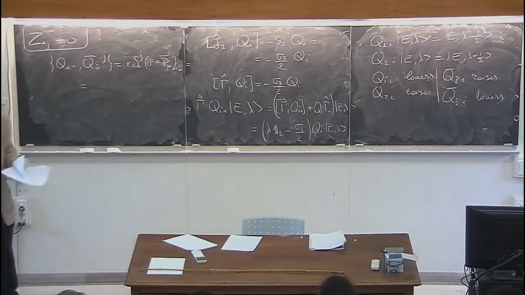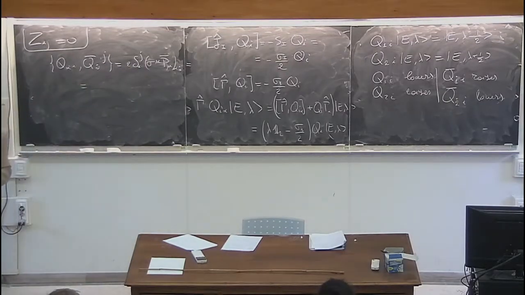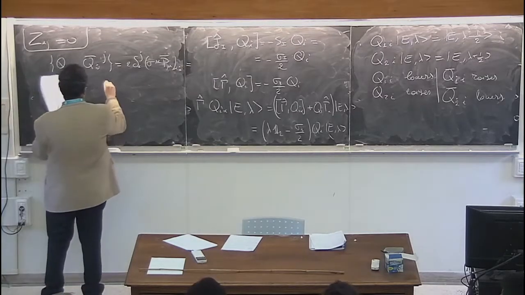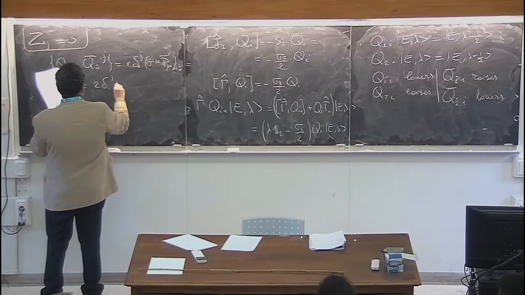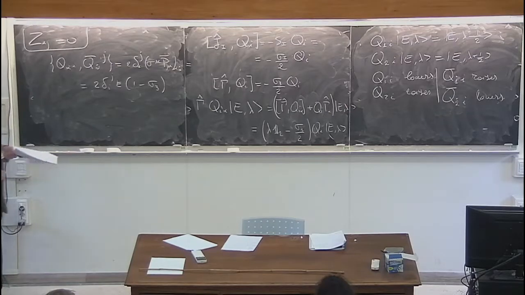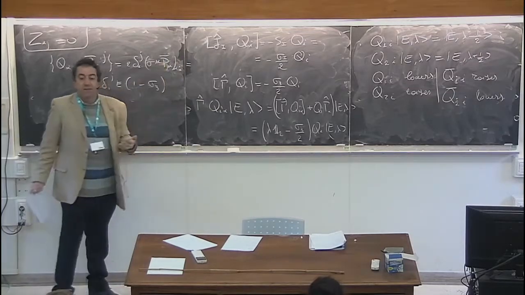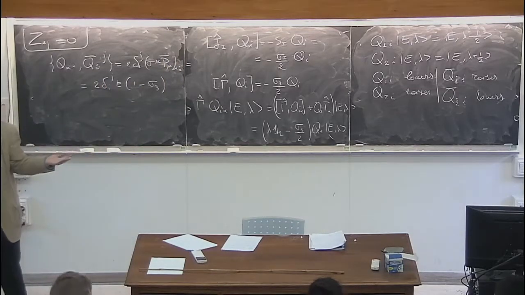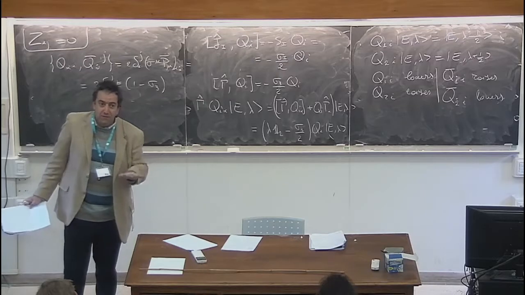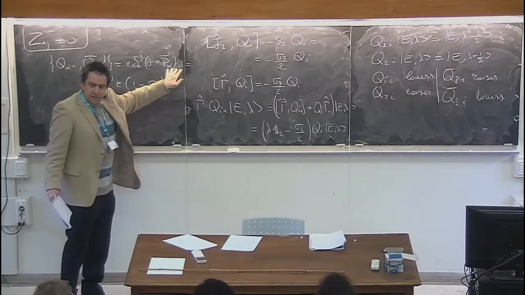You just plug in the value of p in our reference frame, and what we end up with is twice delta_ij E times 1 minus sigma 3. Here we have replaced the operator by its expectation value on any state, because all states in our representation have the same four-momentum, because we are in S0. As long as we are in S0, the four-momentum can be replaced by this standard reference value.